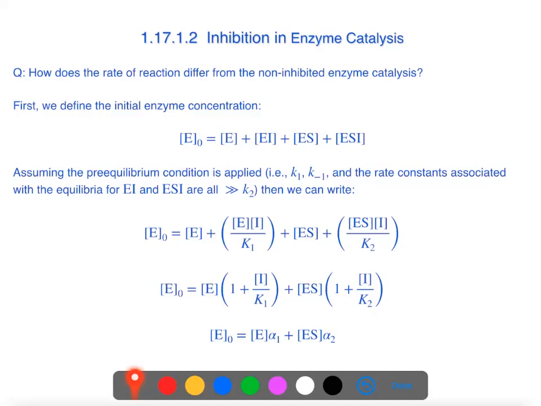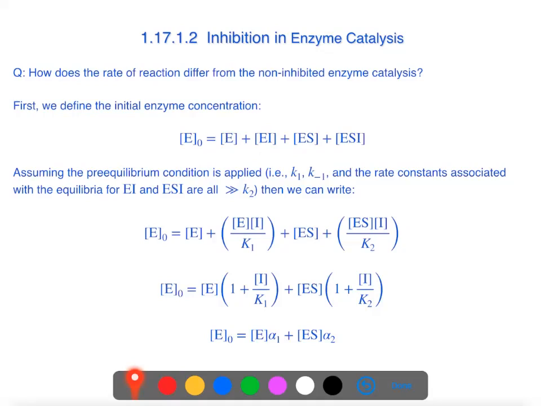So as shown, the initial concentration of enzyme will be equal to the sum of the concentrations of free enzyme, enzyme involved in the enzyme inhibitor complex, the concentration of the enzyme substrate complex, as well as the concentration of the enzyme substrate inhibitor complex. Assuming the pre-equilibrium condition is applied, then we can write the following expression.